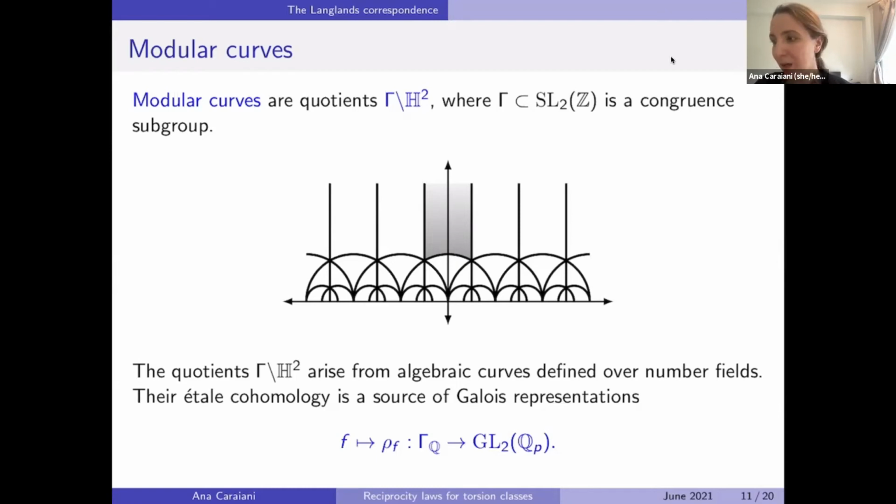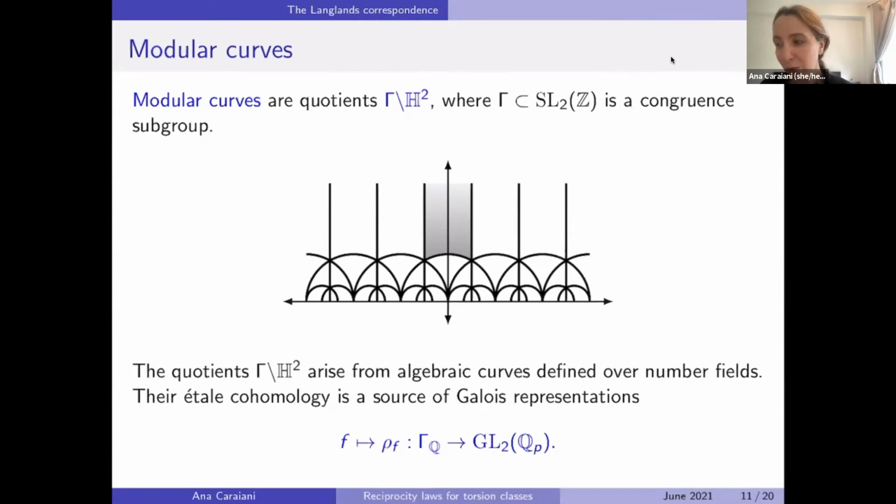And something that's really miraculous in the theory is that these quotients arise from algebraic curves that are defined over number fields. And these are the so-called modular curves. And so because of this, you can consider the corresponding algebraic curve, which is the modular curve, and take its étale cohomology, and that is a source of Galois representations.